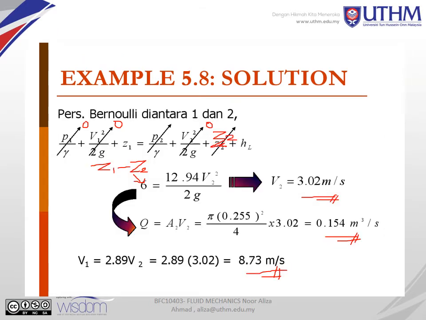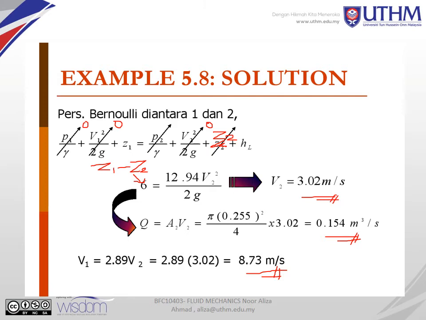After that you use the Bernoulli equation from 1 to 2. Because this is open to the atmosphere, the pressure is 0, and the V squared is also 0 here, so the velocity is also 0.